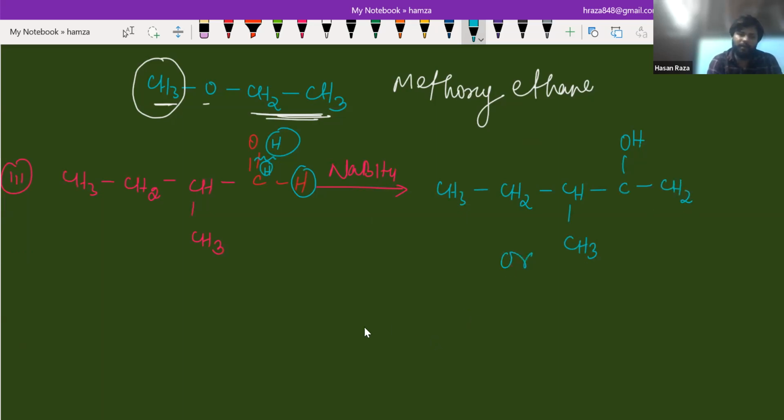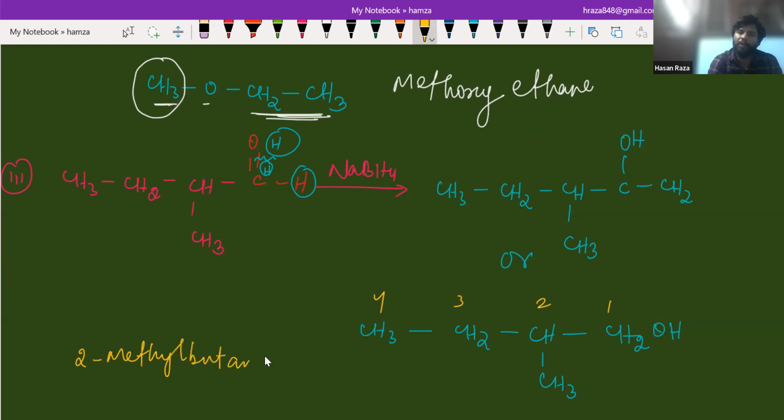So I can write it in an easier way to understand: CH3 CH, then again CH3 and CH2OH. It's very easy to understand, and you can number it 1, 2, 3, 4. So the name will be basically 2-methyl butan-1-ol.